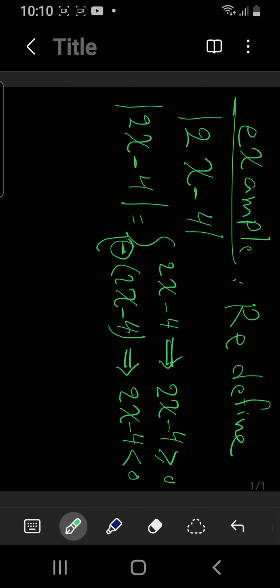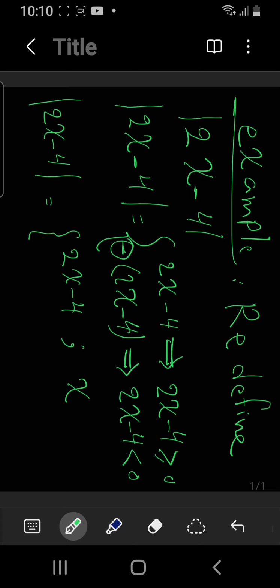So the absolute value of 2x minus 4 equals 2x minus 4 when x is bigger than or equal to 2, because we took negative 4 to the other side, so it became positive 4.